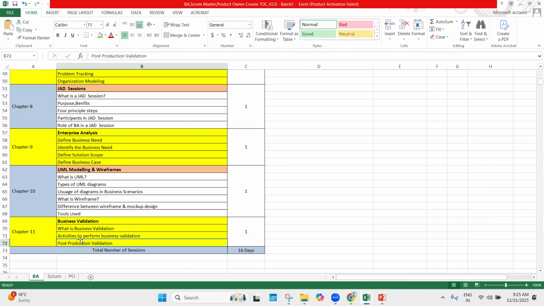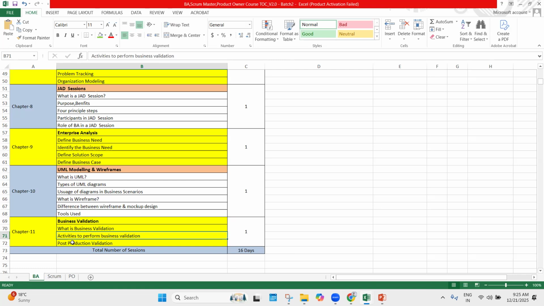So this is the business validation that we did here: taking the access roles of the different user-level access and identifying the different screens or information that need to be displayed.